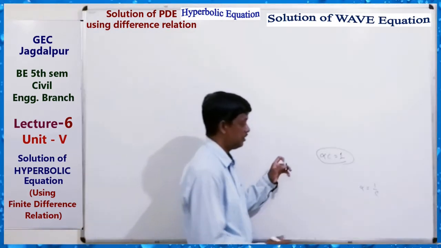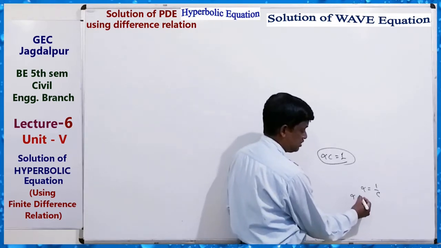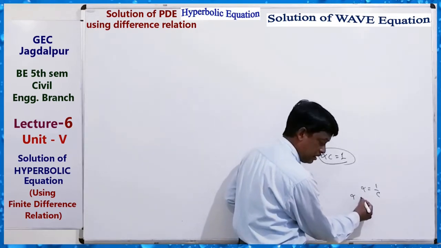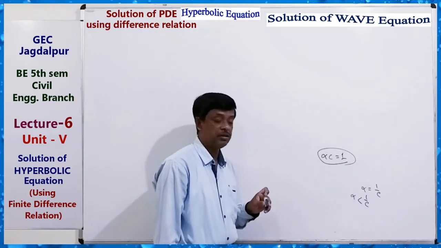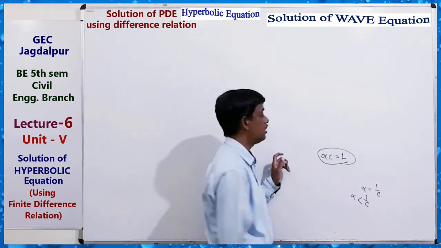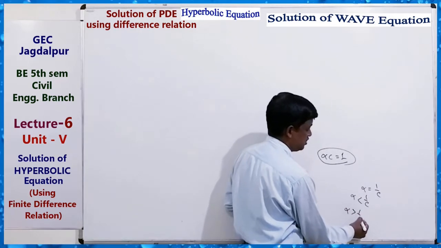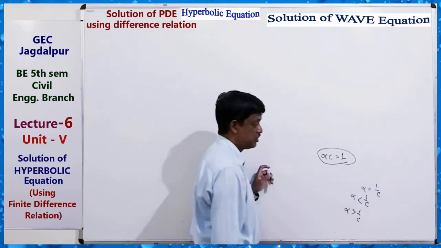And if alpha is less than 1 by c, then the solution is stable but inaccurate, and unstable if alpha is greater than 1 by c.